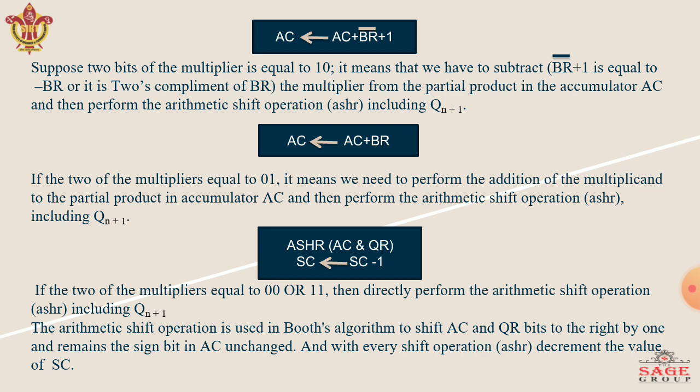If the two bits of the multiplier Qn and Qn plus 1 are equal to 01, it means we need to add the multiplicand to the partial product in accumulator AC and then perform the arithmetic shift operation including Qn plus 1.